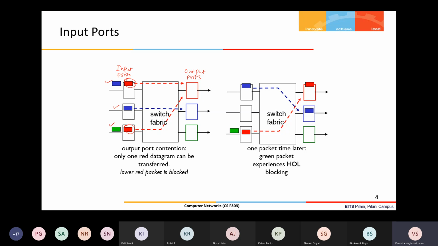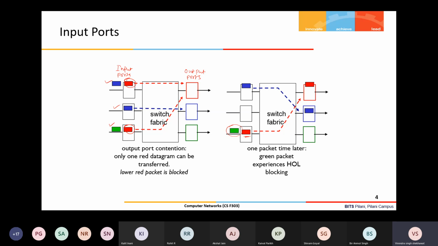Then at a time only one can be transferred because of output port contention. One will be transferred, and in the next round the other will be transferred. When one is moved from the input port to the respective output port, the other packet is waiting.